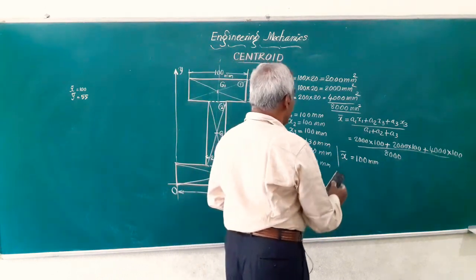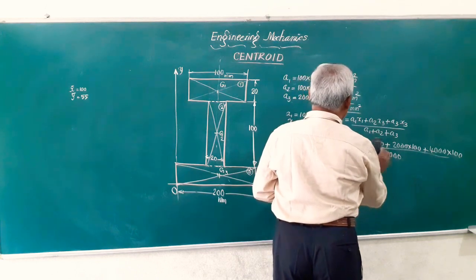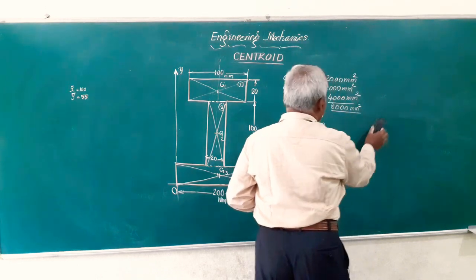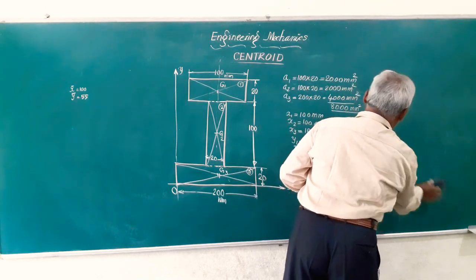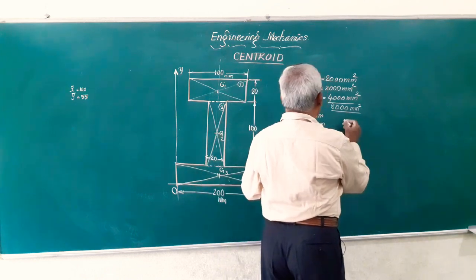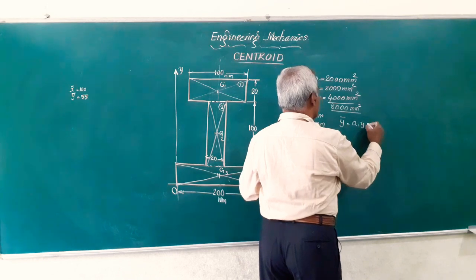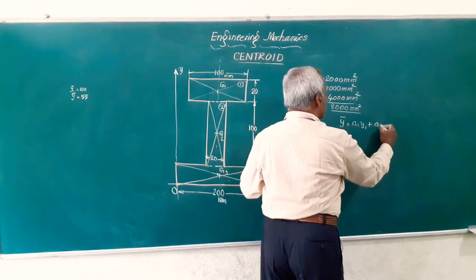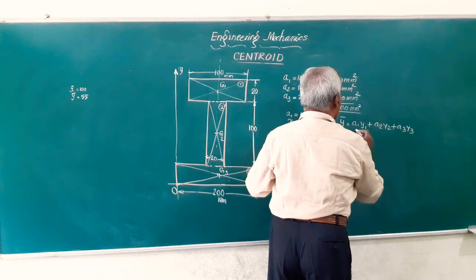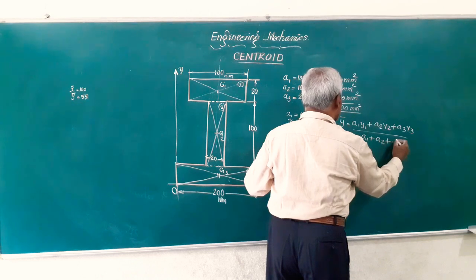Friends, after finding out the value of x bar equal to 100, let us find out what is y bar, that is the distance of the centroid from the base or from the x axis. And we now use the formula y bar is equal to a1 y1 plus a2 y2 plus a3 y3 divided by a1 plus a2 plus a3.